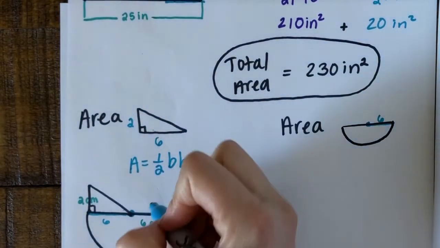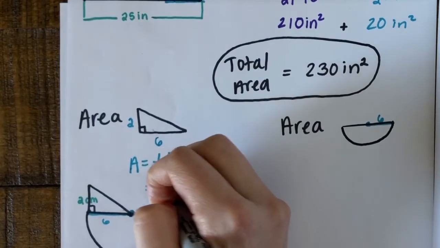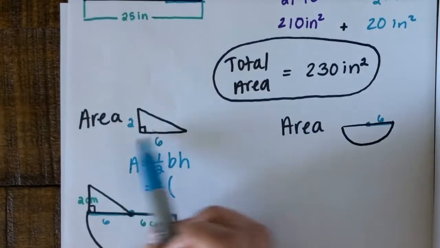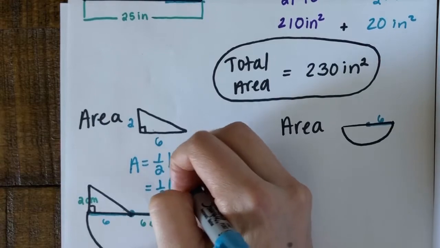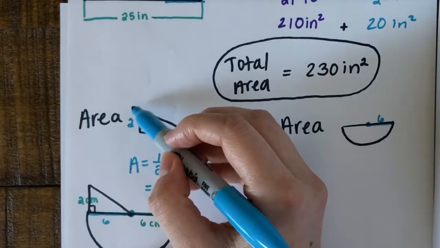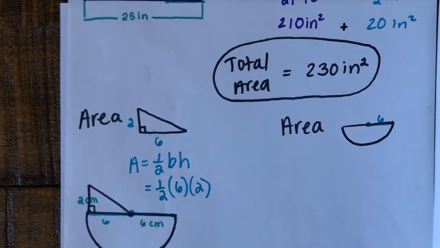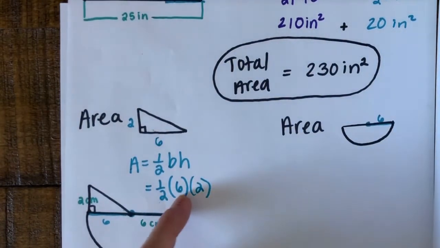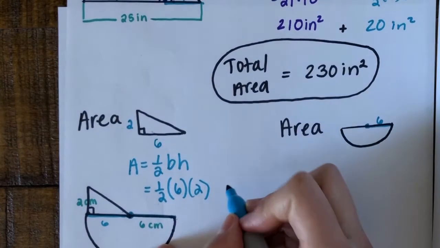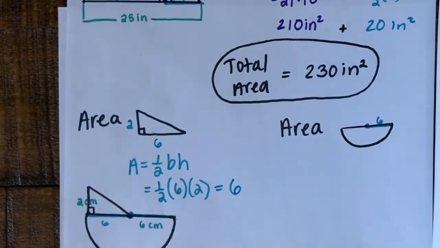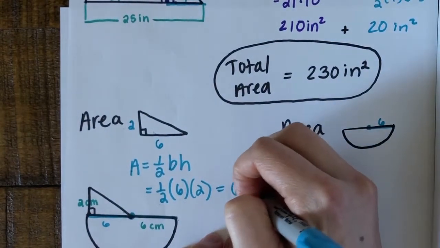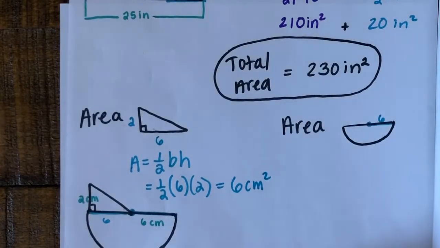I'll fill that in: half the base, the bottom is 6, and the height is 2. Then I'll calculate. Half of 6 is 3, times 2 is 6. And I'll fill in my unit, because it's my final answer for my triangle. It was centimeters, so centimeters squared.